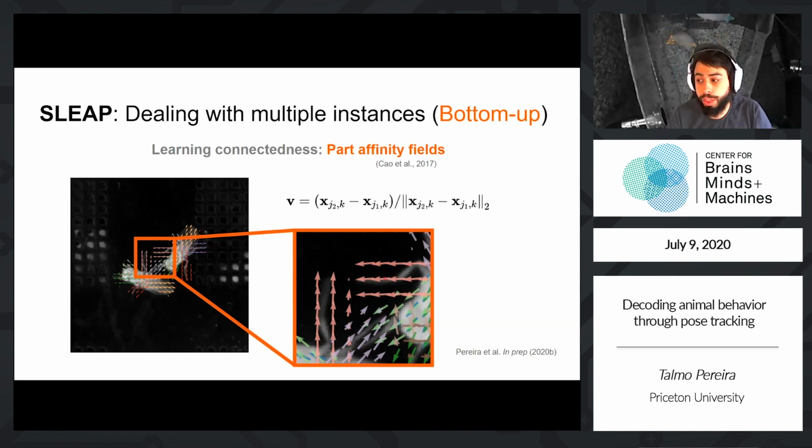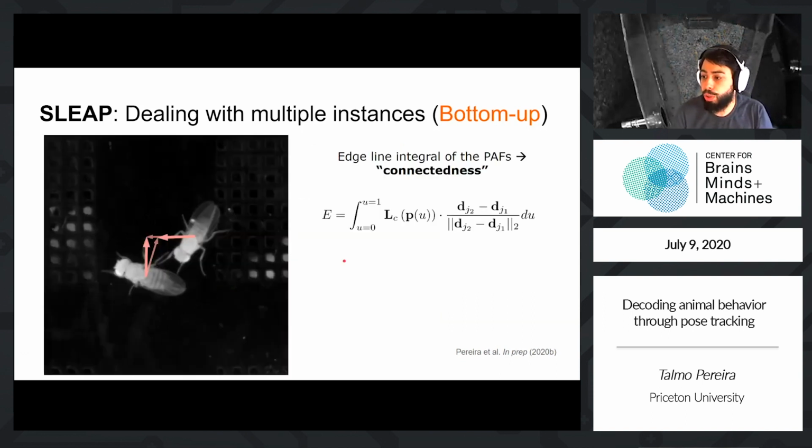And all you need to do, in addition to having the locations of the body parts, is define a directed graph that spans all of the body parts. So this is defined once in the humans, but obviously you'll have to define it differently for each type of animal. But once you do, you can leverage these part affinity fields, which incidentally are predicted by a neural network, to then parse out the body parts into which animals they belong to.